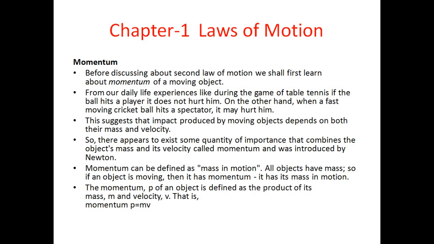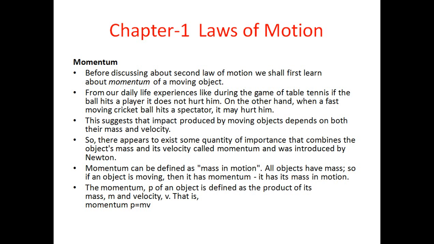Why, on the other hand, when a fast moving cricket ball hits a spectator, may it hurt him? Most of the time it happens that a cricket spectator gets hurt by a very fast ball coming at him. By a table tennis ball nobody gets hurt, while by a cricket ball anybody can get hurt easily.